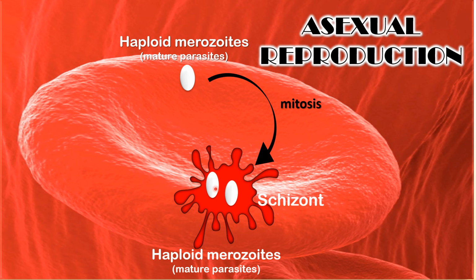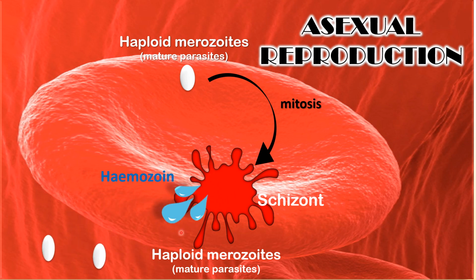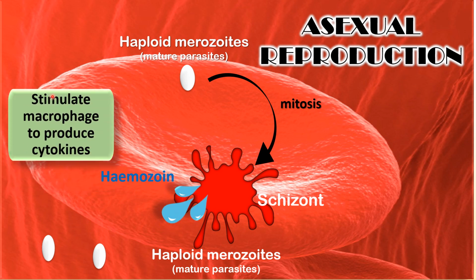Now, when these haploid merozoites leave the red blood cell, they also form waste material called hemozoin. This hemozoin stimulates the white blood cells of the infected person to produce cytokines.